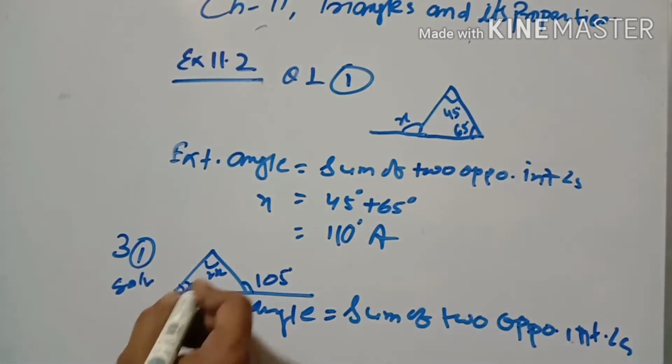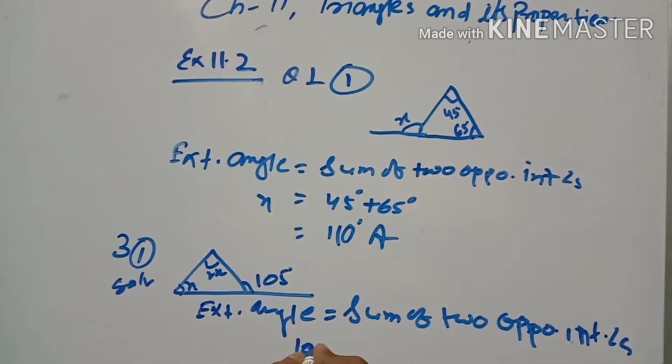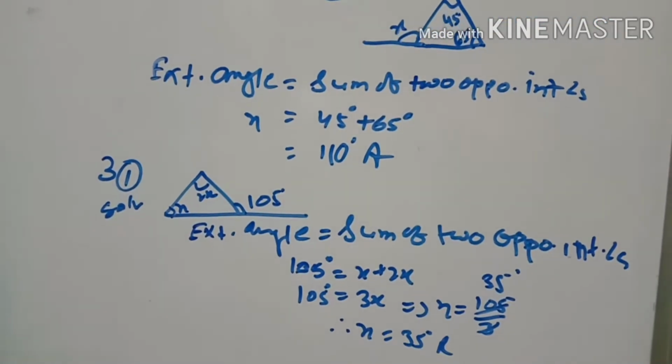So therefore exterior angle is given 105 degree and two opposite interior angles are x plus 2x, that is 3x equal to 105 degree. Therefore x equal to what? This implies that x equal to 105 by 3, that is 35 degree. Therefore x equal to 35 degree. Write down please.